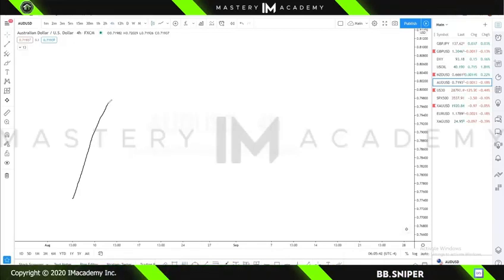Again, let's use different time frames this time. Let's say the 1 hour is in an uptrend, making higher highs and higher lows. Let's say this 1 hour doesn't create a higher high yet.